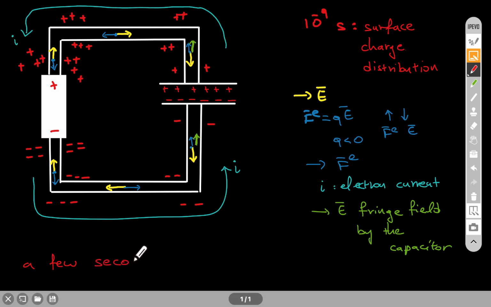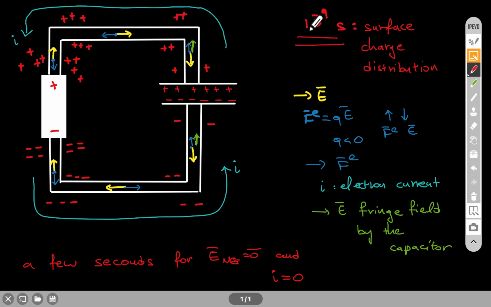This may change, but it will take some time, from a few seconds to a few minutes to a few hours, depending on the circuit that you have, for the net electric field inside to be zero and your electron current to be zero. So what I'm saying here is that there are two different time scales.